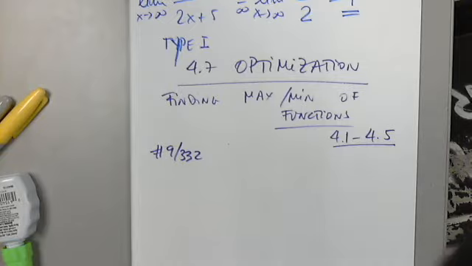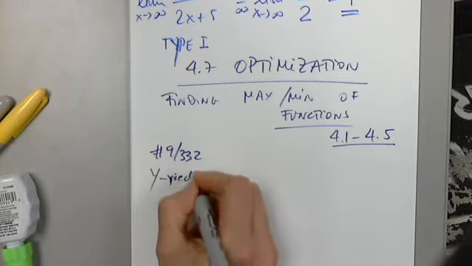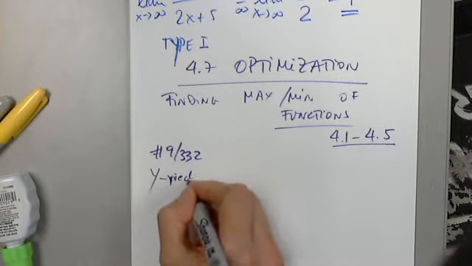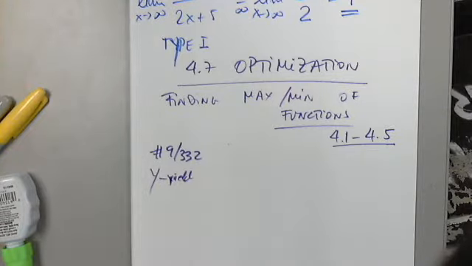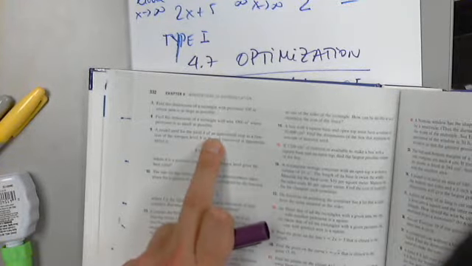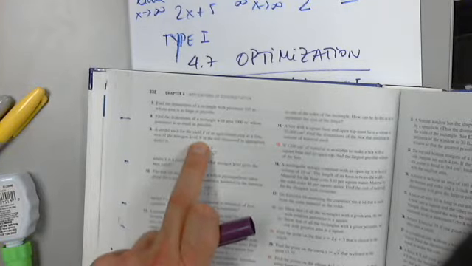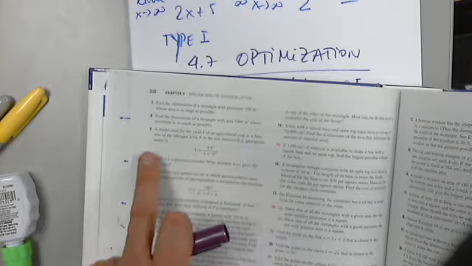Okay, problem 9. A model used for the yield, so Y is yield, of an agricultural crop as a function of the nitrogen level N in the soil measured in appropriate units.